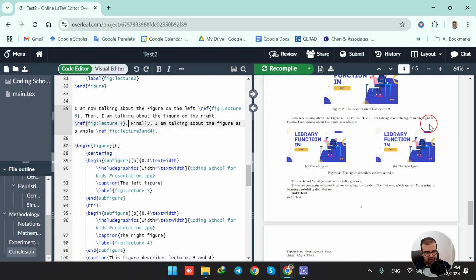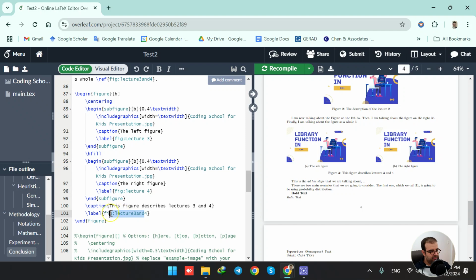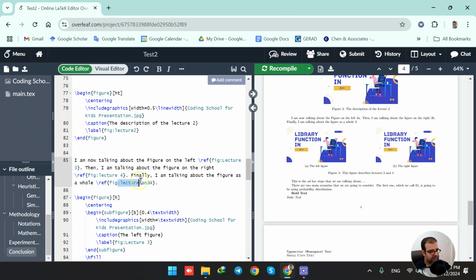So we have 3b here. Then I'm talking about the figure on the right, 3b. So here we have the label that is for the right figure. And finally, I'm talking about the figure as a whole. So when I'm talking about figure 3, this label is simply used.